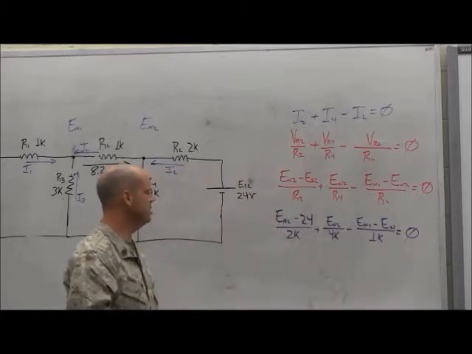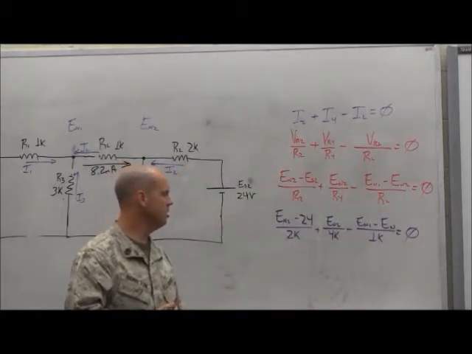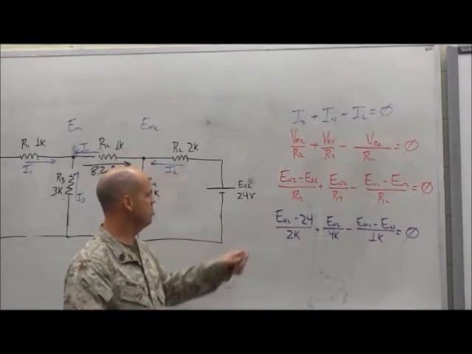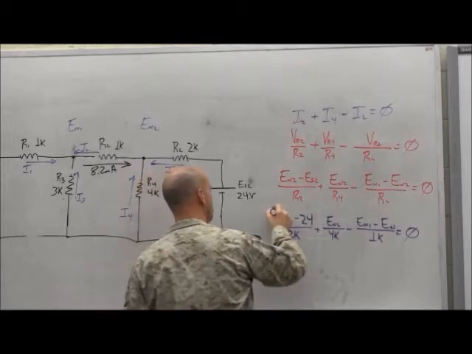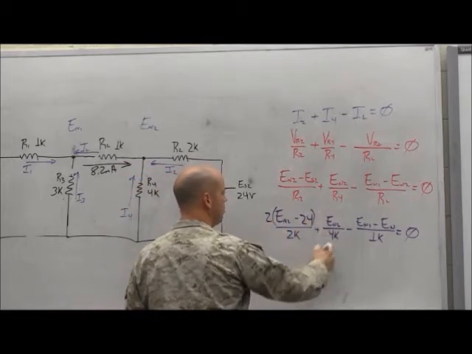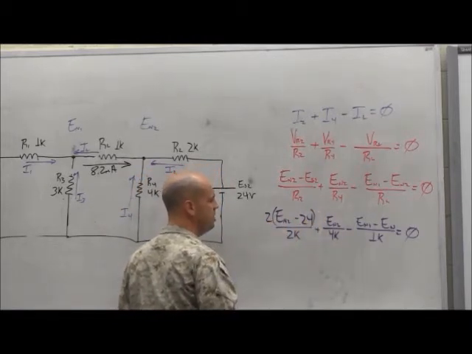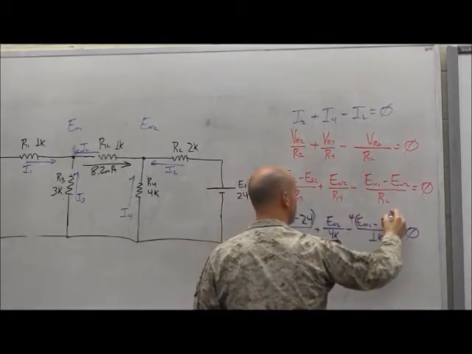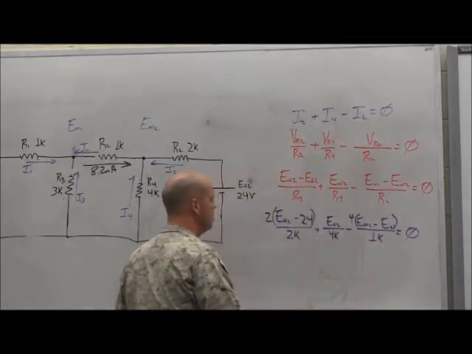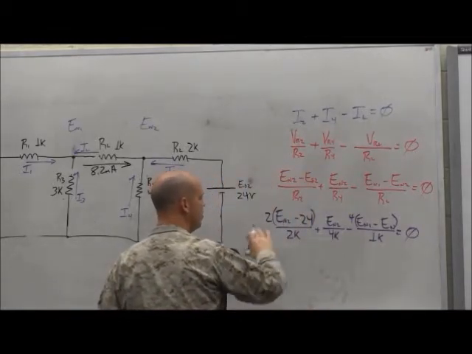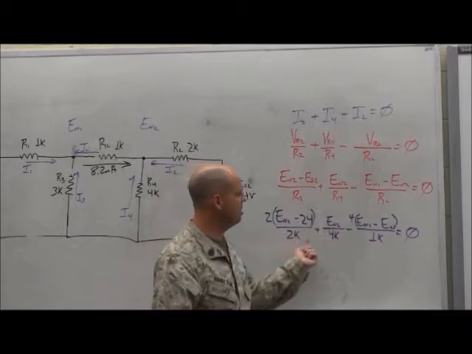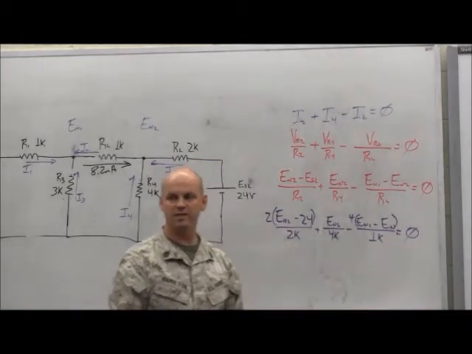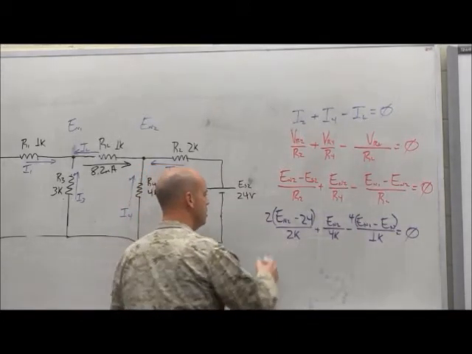Now from here, I want to get the least common denominator to be able to combine them. That would be 4K. In order to get a 4K here, I need to multiply the top by 2, or 2 over 2. 4Ks are in the denominator there, I don't have to change anything. In order to get a 4K here, I have to multiply it by 4 over 4. Now at this point, I can rewrite the whole equation. I can also get rid of the denominators, because once I get a common denominator, it's going to simply cross multiply times 0, leaving me with 0.